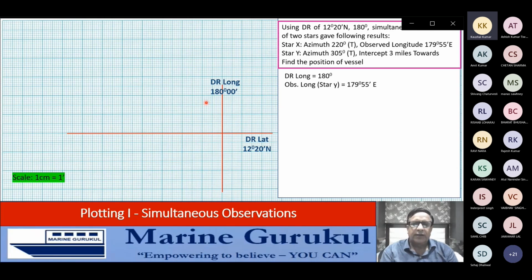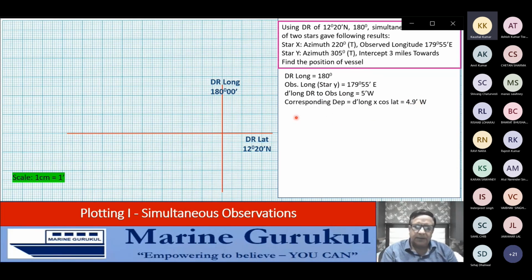So if I have to plot observed long with respect to DR long, which has already been plotted, the D long between the two is 5 minutes west from DR to observed long. That means observed long shall be plotted west of the DR long. But the spacing has to correspond to departure. So we find the corresponding departure, and the departure is found to be 4.9 minutes west.